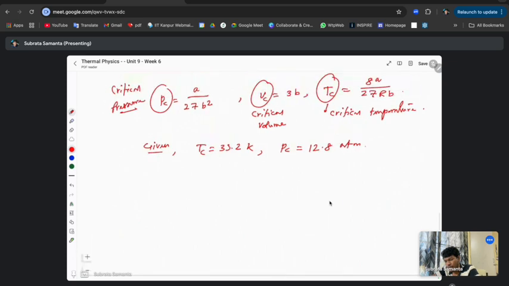Now, in Pc both A and B are there, and in Tc also both A and B are there.